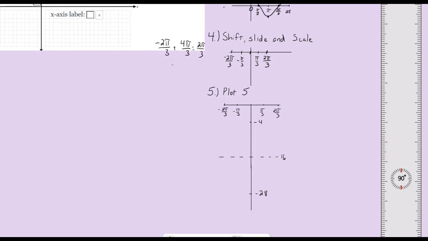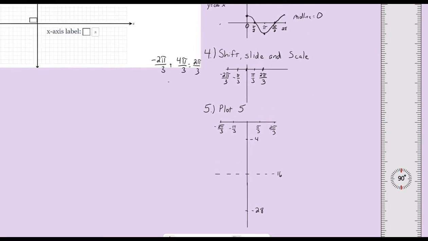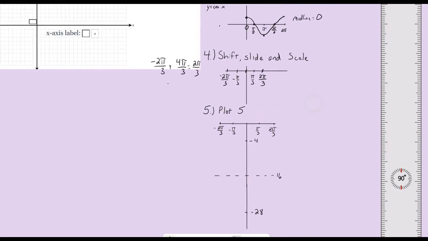Now we've also shifted. So we know that negative 2 pi over 3, we're at cosine, so it's going to be starting at the maximum, which is going to be here at negative 4. Now we're plotting the points.